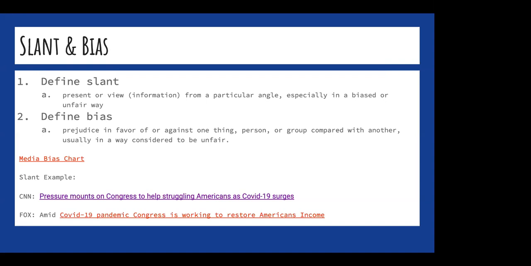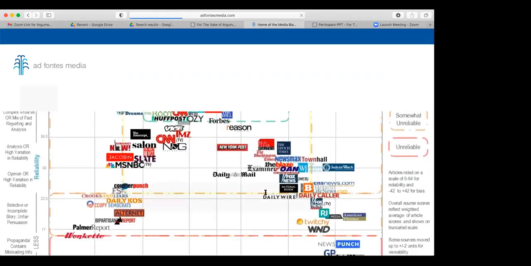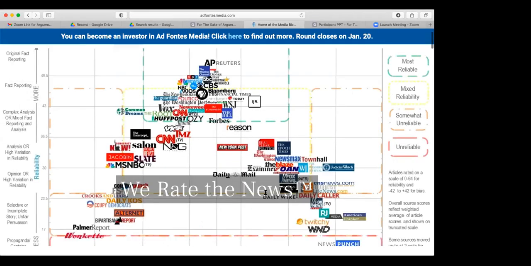bias and you're teaching bias to students, a great tool that you could use is the media bias chart. In this media bias chart, you get a good glimpse of where the news sources fall. So if you're looking for informational texts that really are on opposite sides of the spectrum, you want to make sure you look and you can see who's a little left, who's a little right.